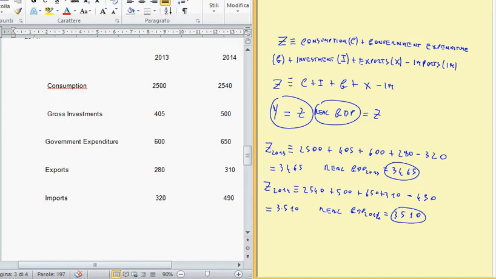We can also compute the growth rate in real GDP using the percentage change.